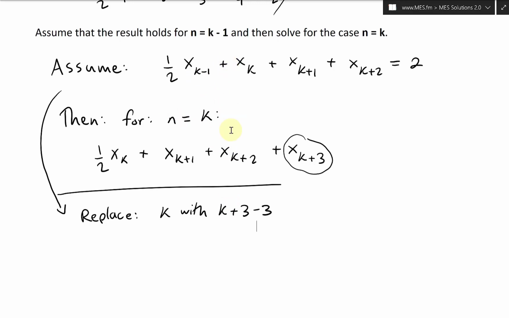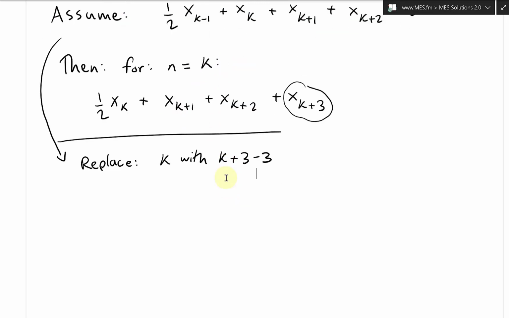Writing this out, we get 1/2 times x of k plus 3 minus 4, which is k minus 1, plus x of k, which is k plus 3 minus 3.